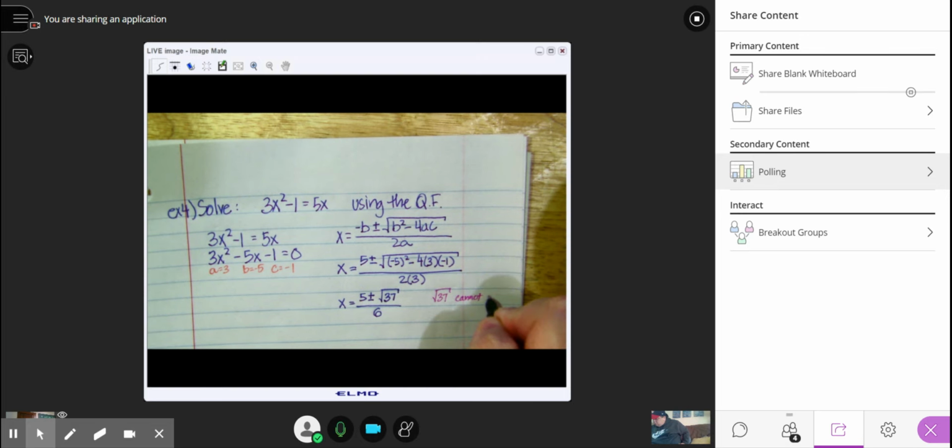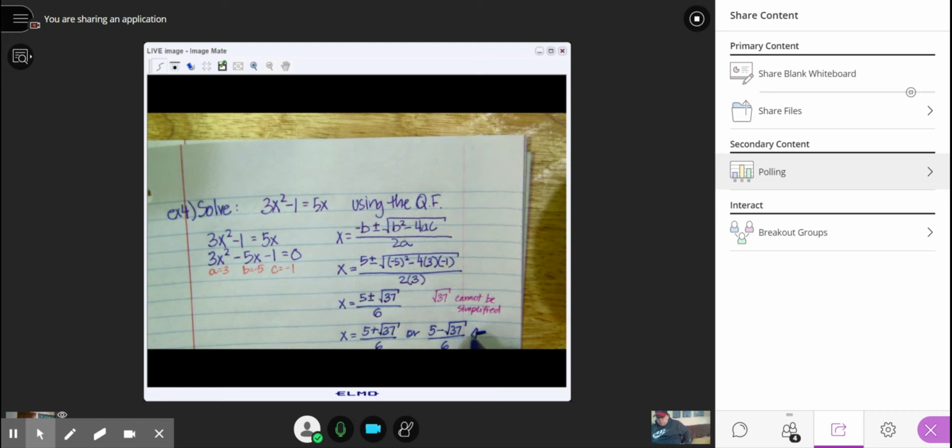Not this time. So x would be 5 plus the square root of 37 all over 6, or 5 minus the square root of 37 all over 6.